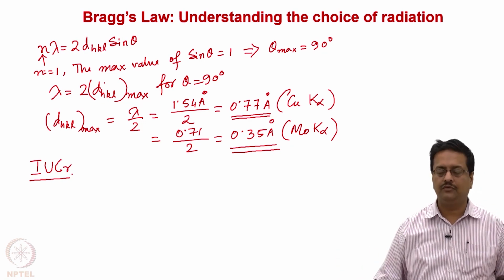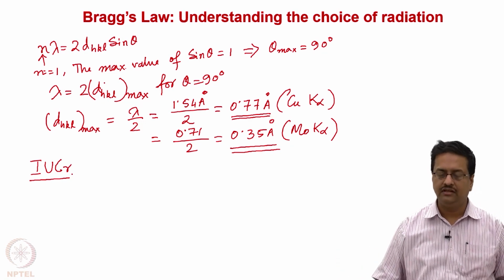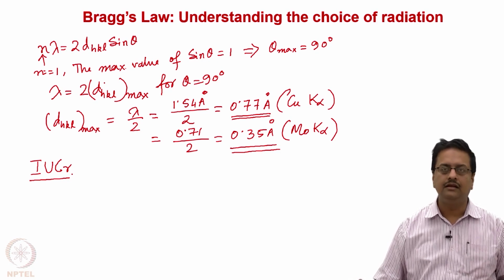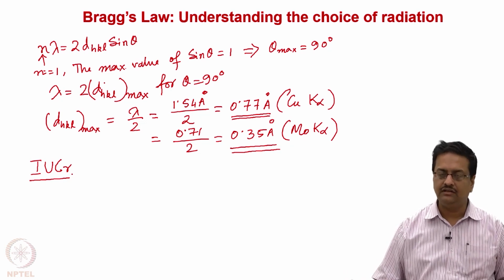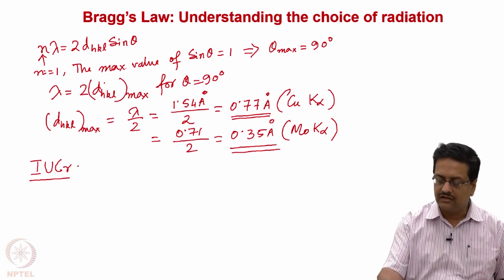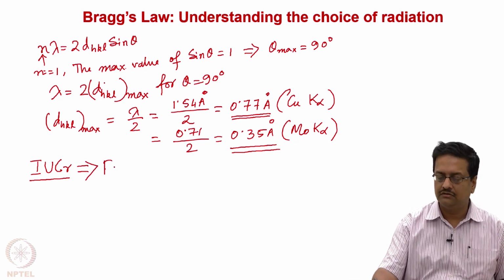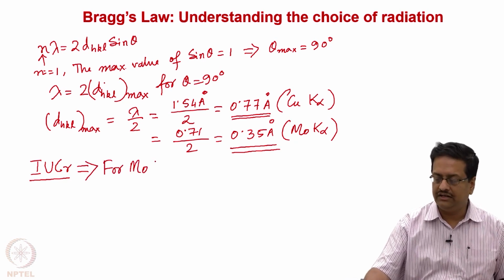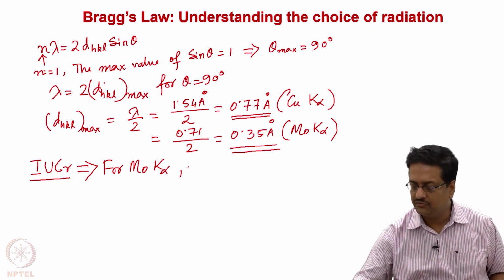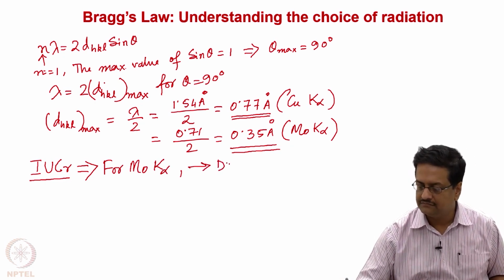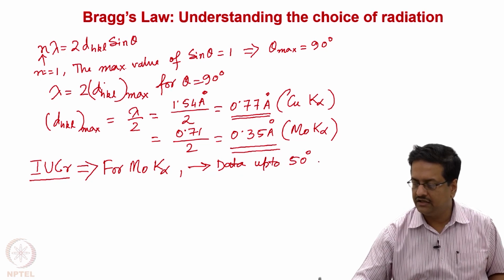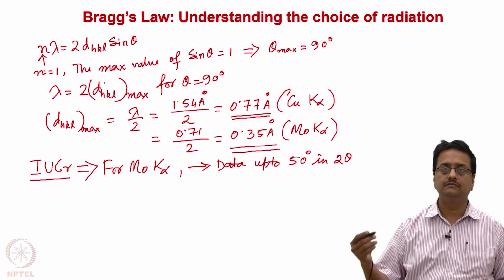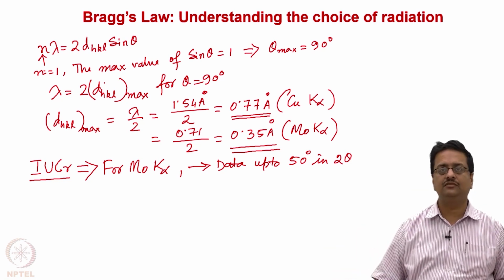IUCR is the short form of International Union of Crystallography, and it is a big association of crystallographers across the world, and there it is recognized that for molybdenum radiation, one has to achieve data up to 50 degree in 2 theta for an acceptable crystal structure solution.